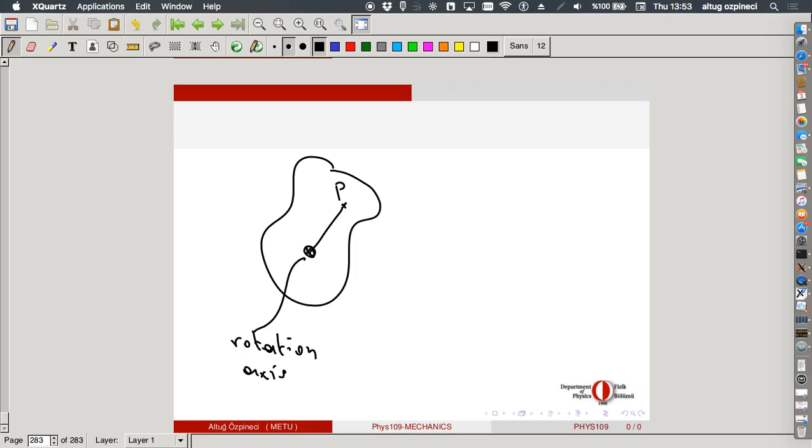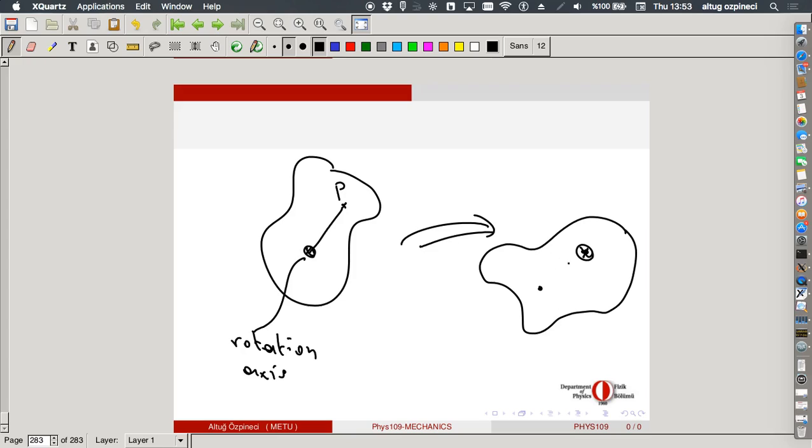Now, when it rotates, this is the rotation axis, its orientation will be something like this. And the point P is now over here. This is my point P. Before, this was its initial orientation, the initial line.